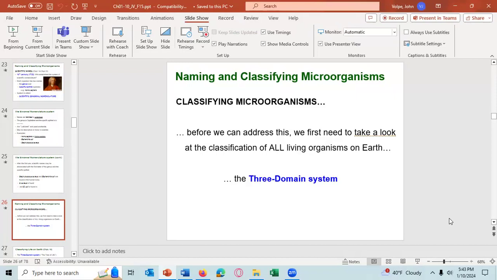But before we can address this, we need to first take a look at the classification of all living organisms on the planet Earth. The first classification system would be to break the living organisms down into one of the three domains.